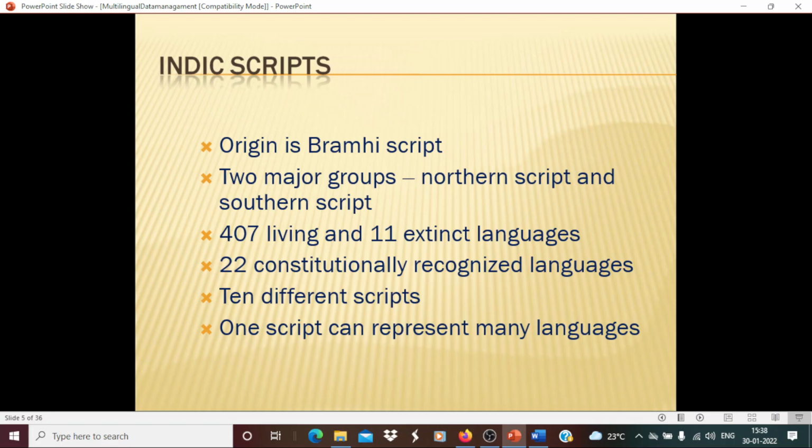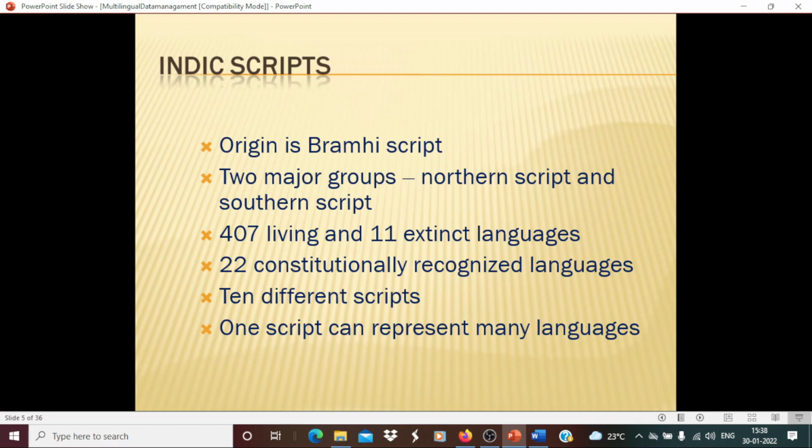And again, if you take the example of the Bengali script, the script is Bengali, and it can represent Bengali as a language, and Assamese with a little bit of modification, but presently Unicode represents that particular script as the Assamese Bengali script. So with a little bit of modification, the same script can be utilized for the Assamese language. Then there is a language in Arunachal Pradesh called Meitei.